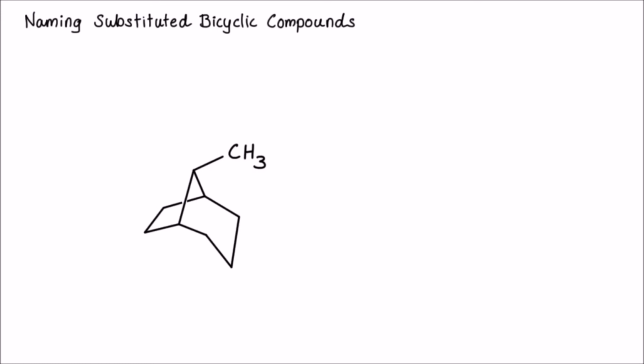Here is an example. There is a bicyclic parent chain with a methyl substituent. And here is another example that has the methyl substituent at a different location. Now how to name these two?